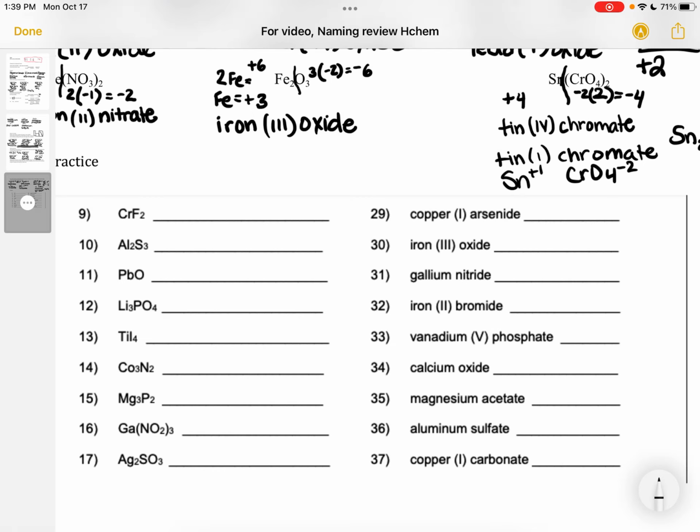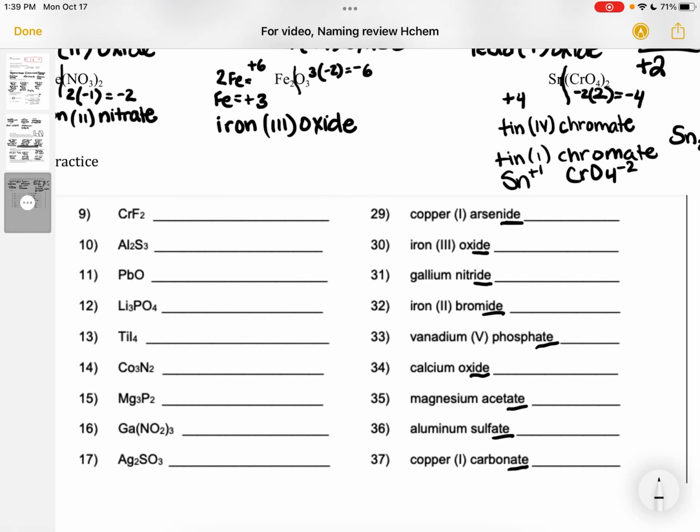The only thing I would caution you on is, for example, copper(I) arsenide: underline the endings and know that -ides are from the periodic table, and -ates and -ites come from the polyatomic sheet.